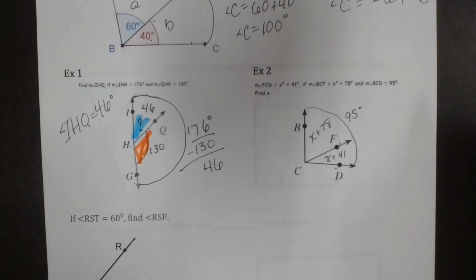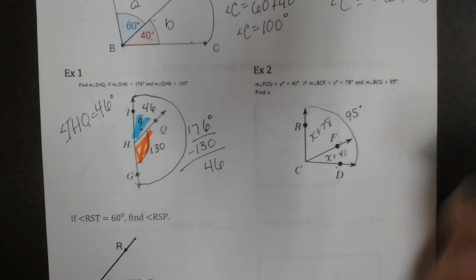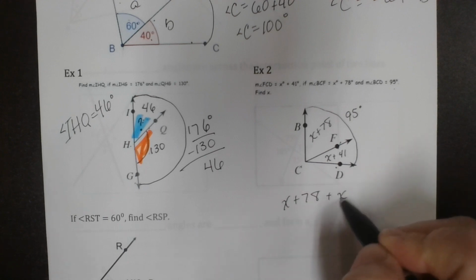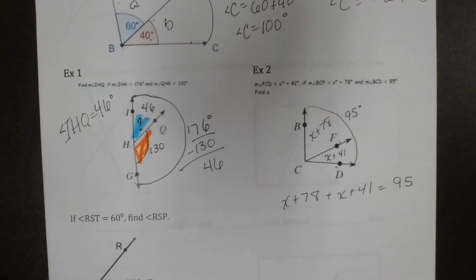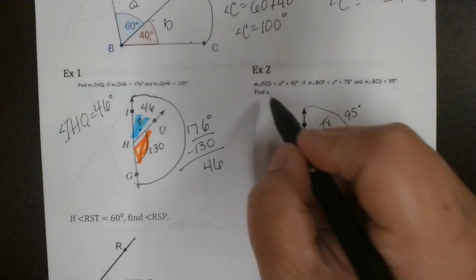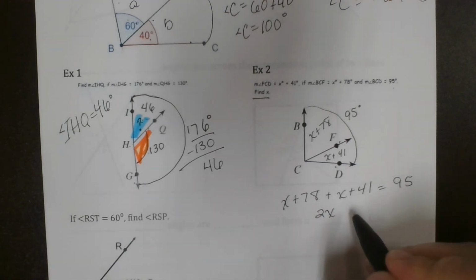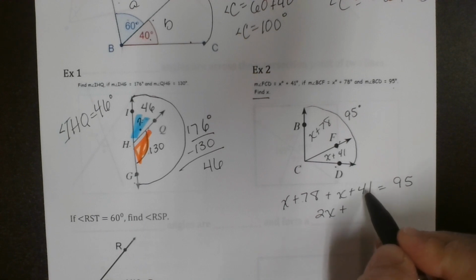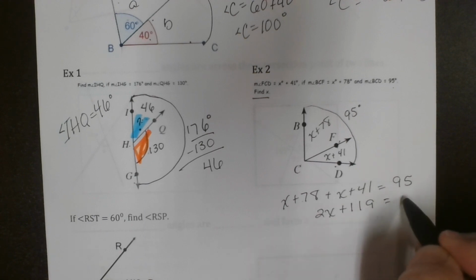So find x. Well, I just add this plus this, and it equals the whole thing. So x plus 78 plus x plus 41 is equal to 95. And solve for x, because that's all it's asking me to do right there. So I got 2 x's plus 9 equals 95.